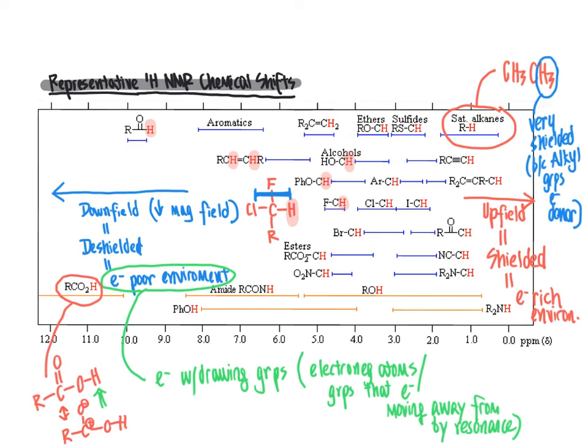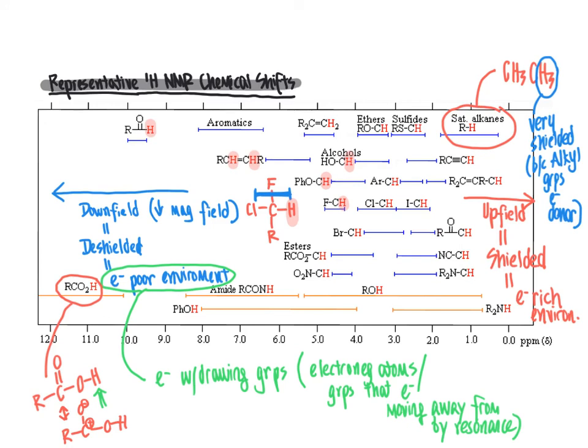So keep in mind that's one of your key points in interpreting NMR data: the chemical shift. It's going to tell us about the chemical environment of a particular hydrogen, where the chemical environment refers to how shielded or deshielded that particular proton is. What is the chemical environment that that proton is in? And that can give us ideas about what functional group that particular proton we're looking at is a part of.